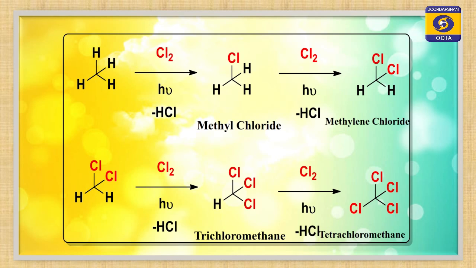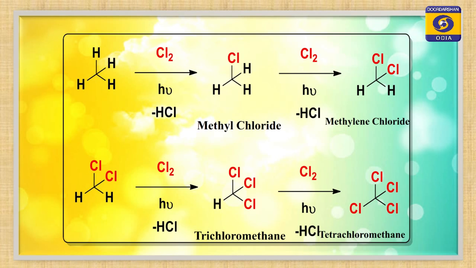Similarly, dichloromethane further reacts with chlorine in presence of sunlight, giving you trichloromethane, and trichloromethane at last undergoes the same substitution reaction, replacing hydrogen by a chlorine atom to get carbon tetrachloride.